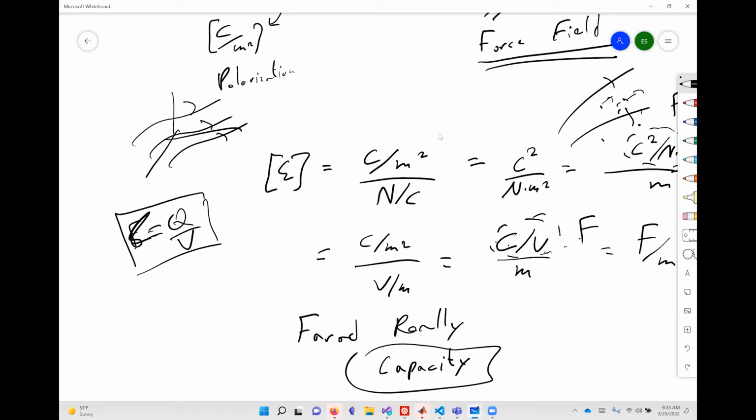Meaning that if I have space, if I have a field, the voltage is an indication of the strength of the field. The more voltage you have between 2 points in space, the stronger the field is. So it relates the amount of charge over the strength of the field.